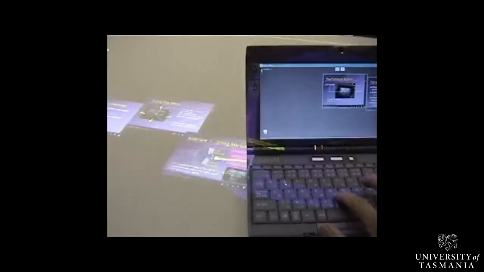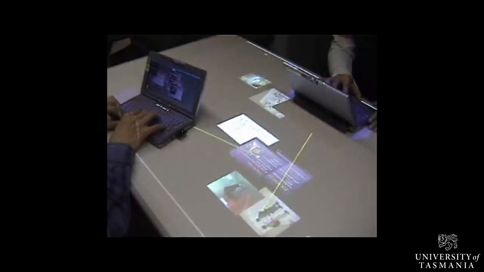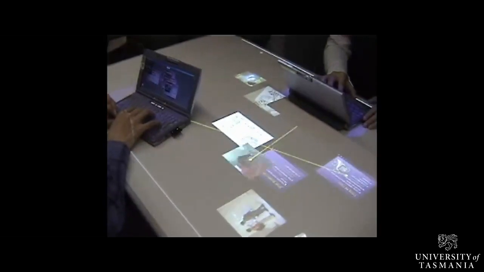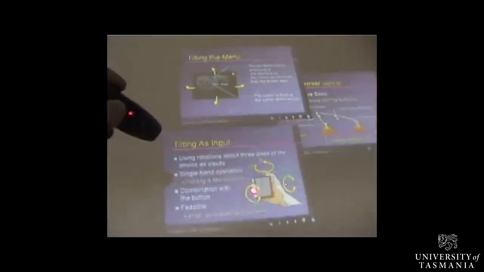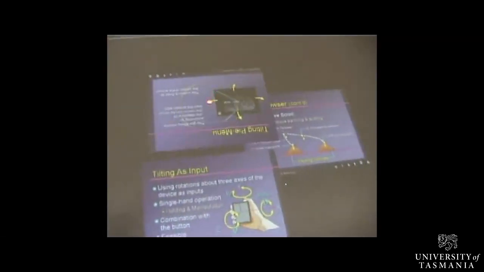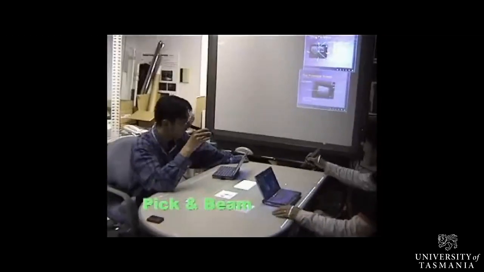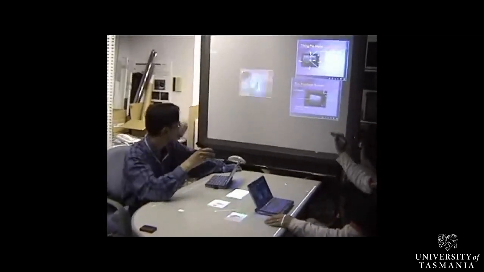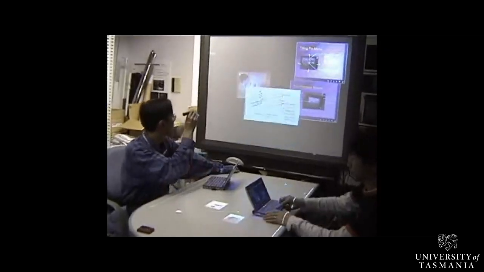All of this heavily requires being able to sync where the laptop is, where the screen of the laptop is, where the table is. There's also a projector they were interacting with.